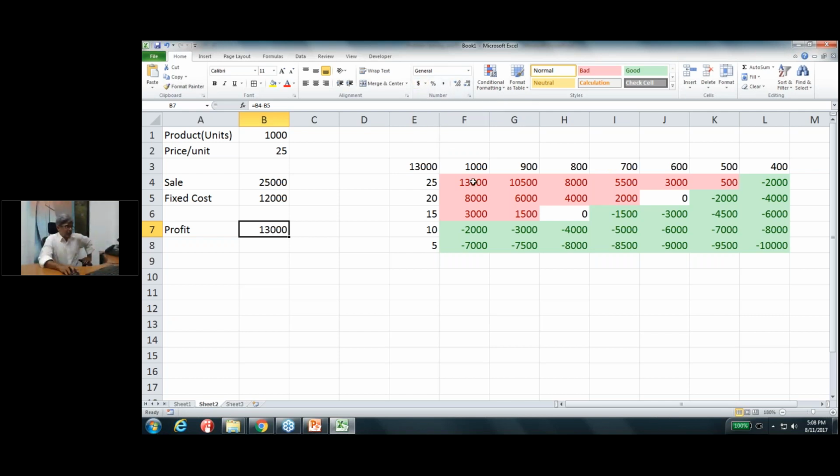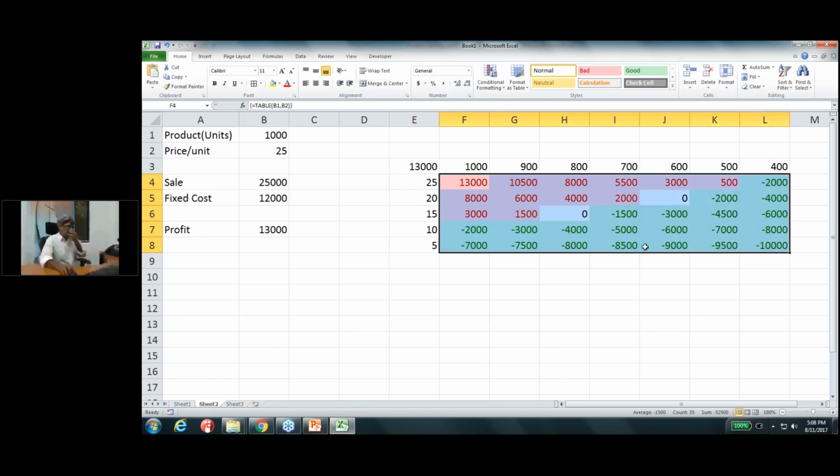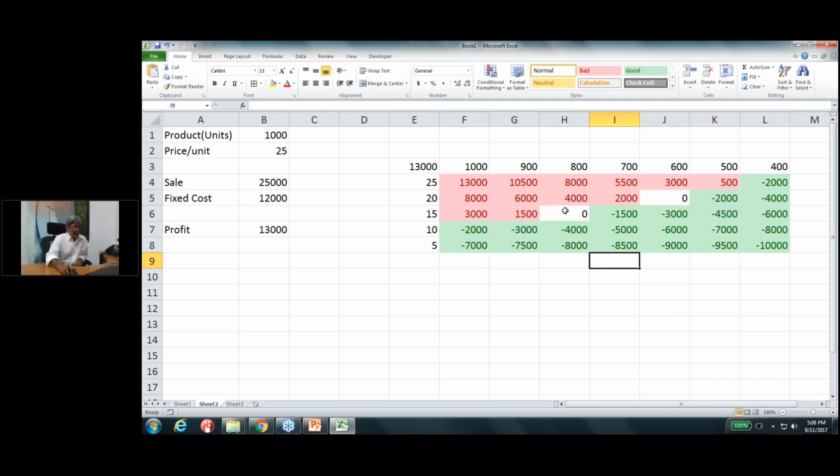So this is one way of getting the required information that is needed to make some sort of decisions. Once we have that, and then we have evaluated. For example, the evaluation is that we want to sell most of our product. So the best possible solution is this one.